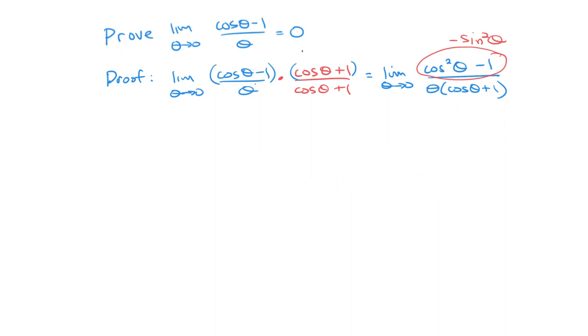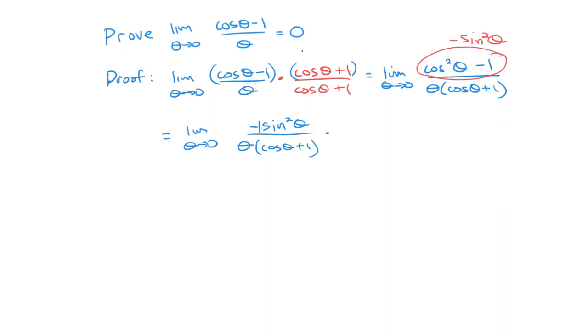So let me rewrite this. Let's say then this is equal to the limit as theta approaches 0 of negative sine squared theta over theta times cosine theta plus 1. And then because this negative sine squared theta is the same as negative 1 times sine squared theta, I'm going to just rearrange this a little bit.